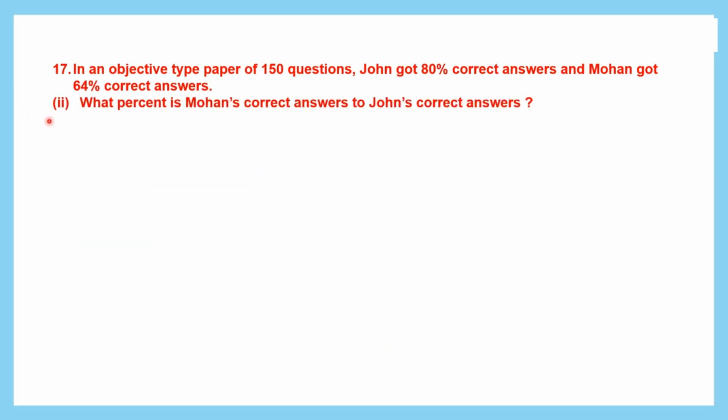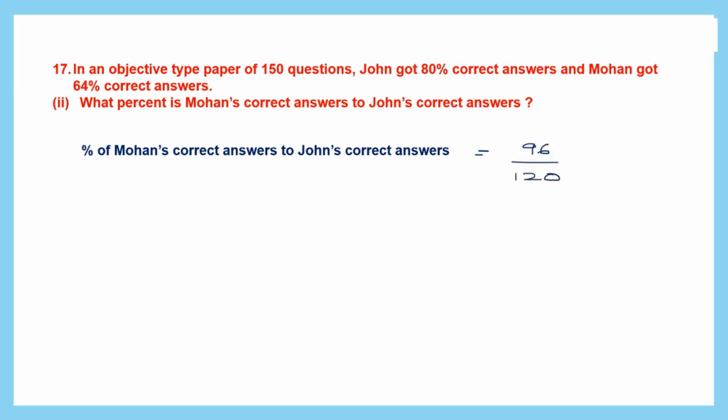The second question here is, what percent is Mohan's correct answers to John's correct answers? So we have to take Mohan's correct answers to John's correct answers and find the percent of that. Mohan got 96 correct answers, and John got 120 correct answers. We have to multiply by 100% to find the percentage.